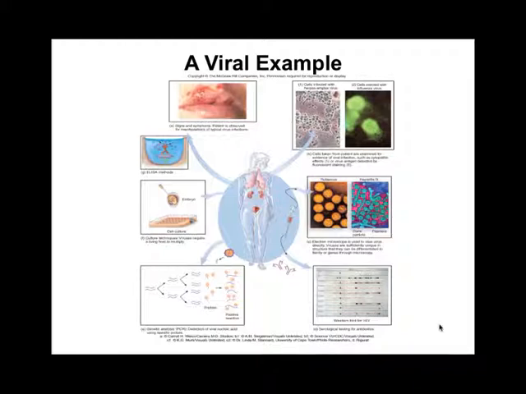A Western blot could be used. Electron microscopy could be used. We could look at some metabolic effects. We can examine signs and symptoms. We could use ELISA. We could use a number of different culturing techniques or genetic analysis. So in short, we'd use any number of these different methods to figure out what the infectious agent was.